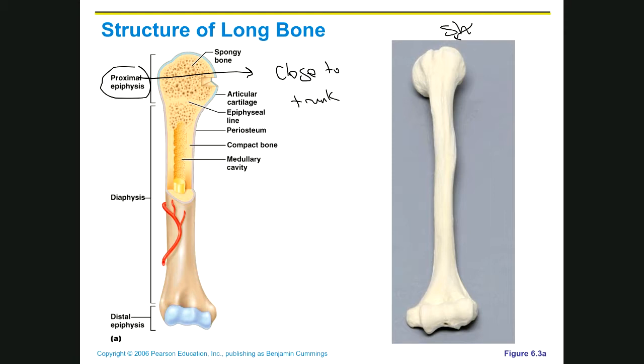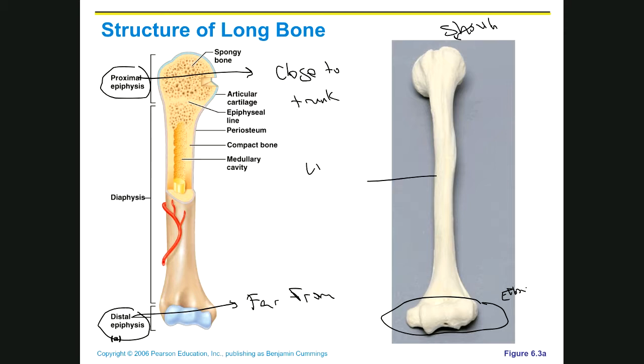The other one is the distal epiphysis, and distal, remember, means far from the trunk or the origin. That end right here is where your elbow is. This is the upper arm bone, called the humerus, and we'll get to that also later on.